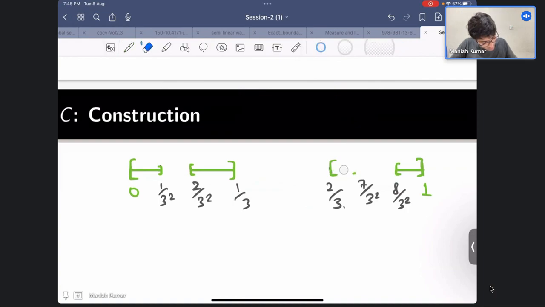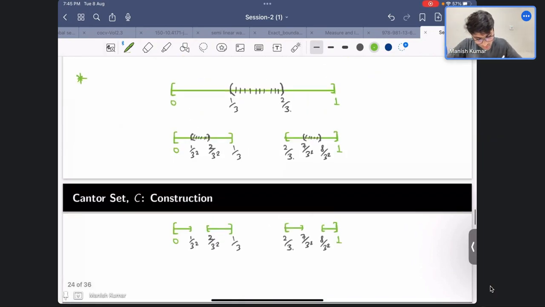So let me write. I am defining C_1. C_1 is nothing but the closed interval [0,1/3] union [2/3,1].